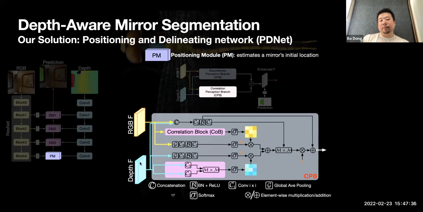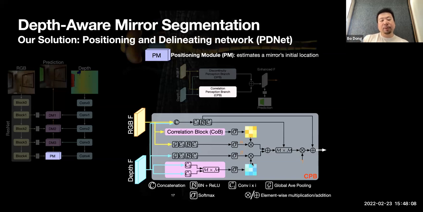Since we have two domains, right? We have the depth domain and the RGB domain. In this case, if you apply non-local or self-attention, we're going to generate two attention maps. Naively adding these two attention maps together doesn't work well, because the RGB domain and the depth domain provide different cues. For example, in some cases the RGB domain has a lot of correlation, especially when the reflection scene and the outside scene of the mirror have a lot of overlap.